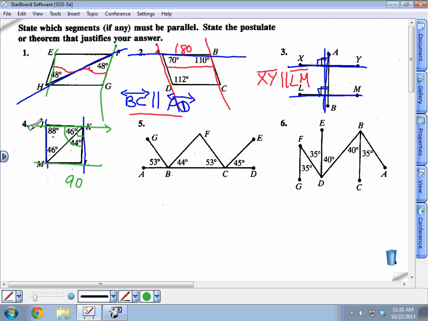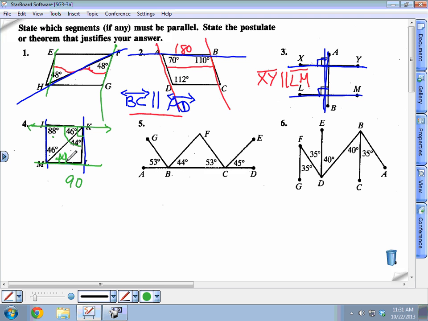All right, now let's take a look at this. I have 46, 46, 88. What is this angle down here? Can I tell what this one is down here? Is it 44? Mm-hmm. So if this is 44 and that's 46, those aren't parallel. I don't think either one of those are parallel.